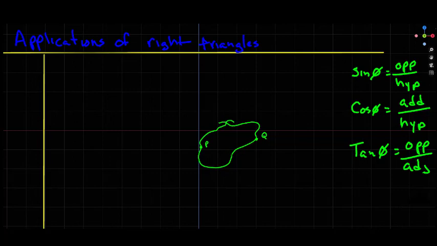A line PR of length 59.3 meters is laid off at right angles at P to PQ. So we need a line that's at right angles from P and Q. We'll see what I can come up with here.